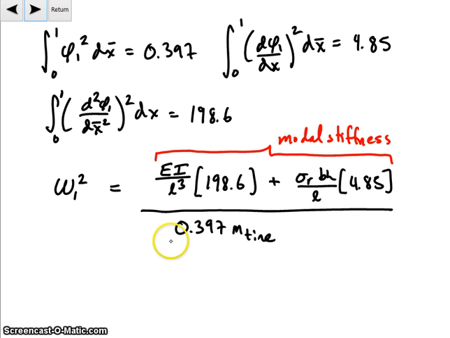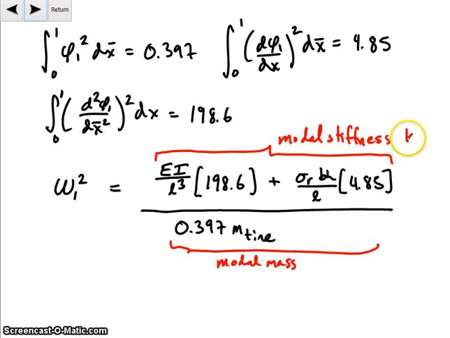And we can think about the thing on the denominator as being the modal mass. So since it's the first mode, we'll call this K1 and this M1. And so we end up with our usual expression: omega squared is equal to K over M, but these are the modal stiffness and the modal mass.